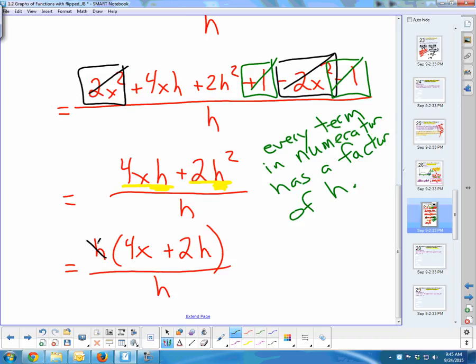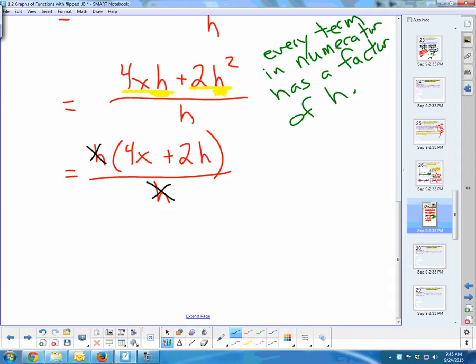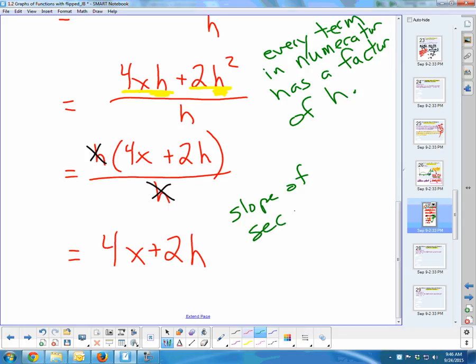And I can cancel those h's, leaving me with 4x plus 2h. And that is the answer. That is the difference quotient for the function f that we started with. Now what this means, this is essentially remembering that we're getting here a slope of the secant line.